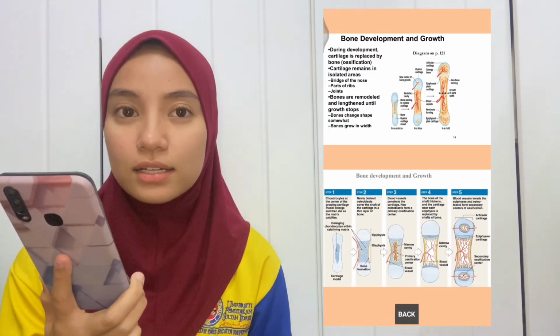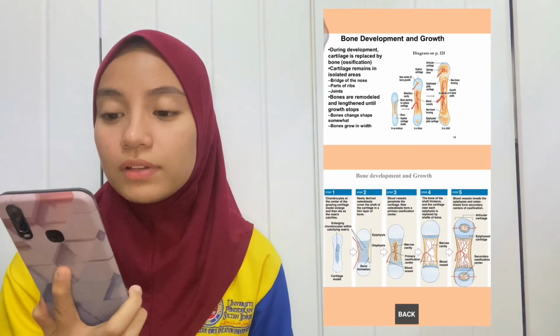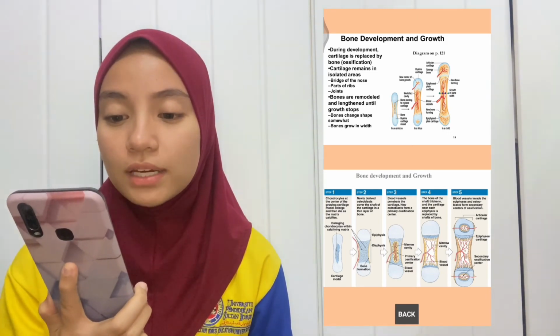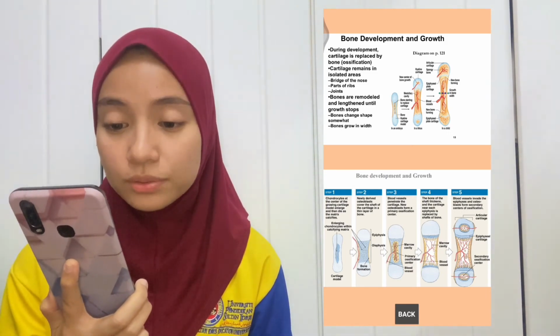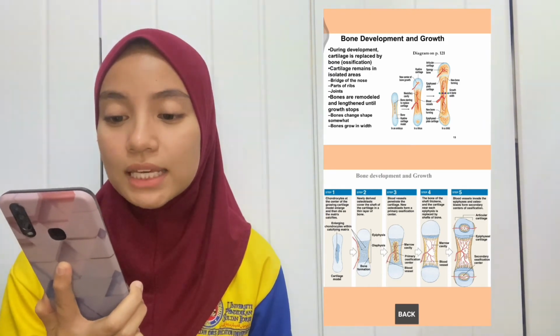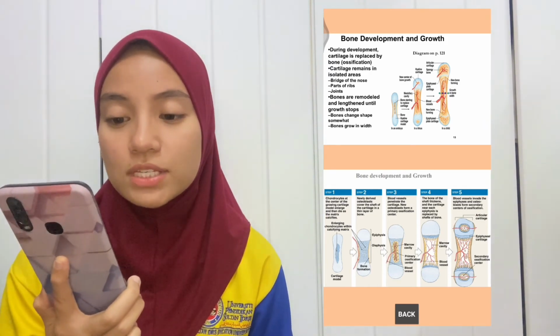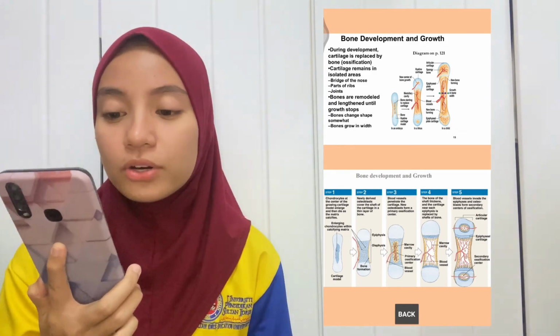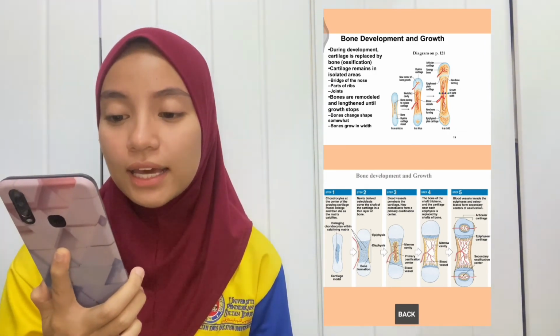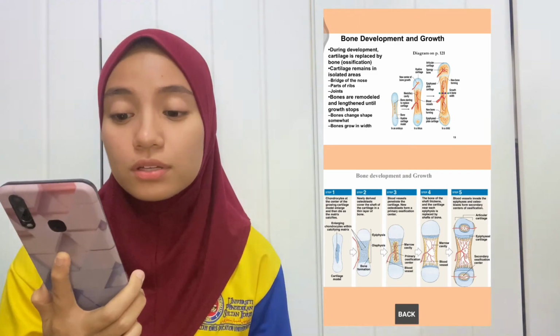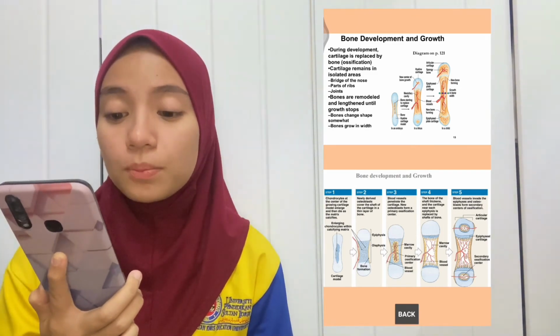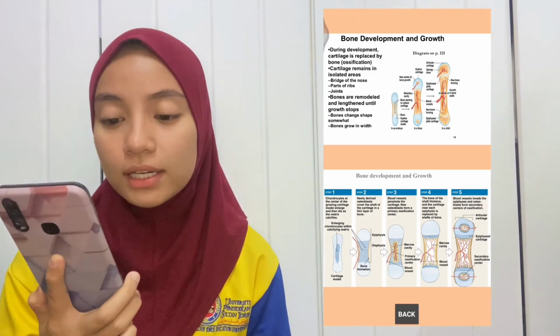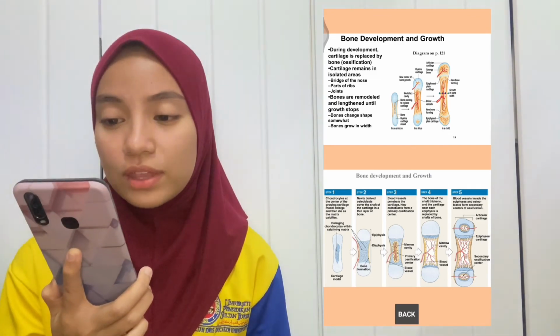Bone development and growth. During development, cartilage is replaced by bone. Cartilage remains in isolated areas, which are the bridge of the nose, parts of ribs, and joints. Bones are remodeled and lengthened until growth stops, which means bones change shape somewhat and grow in width.